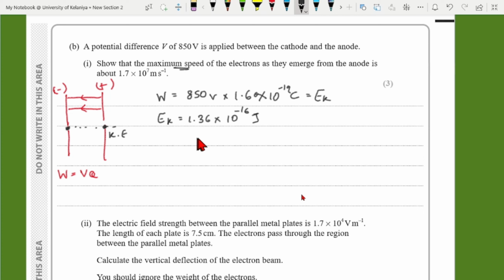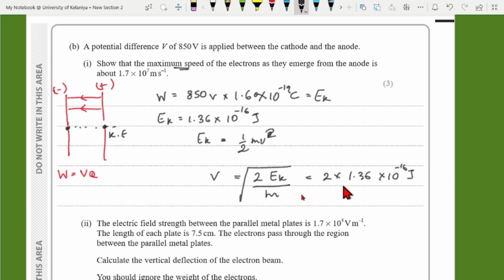So the kinetic energy Ek is equal to half mv squared. So v is the square root of 2 times Ek over m, which is 2 times 1.36 times 10 to the power minus 16 joules over m.